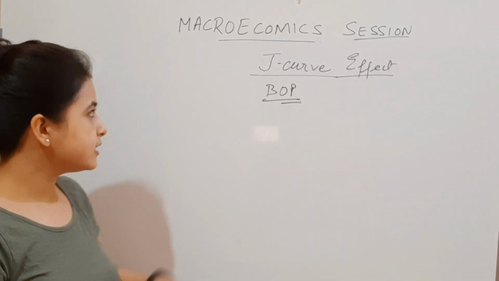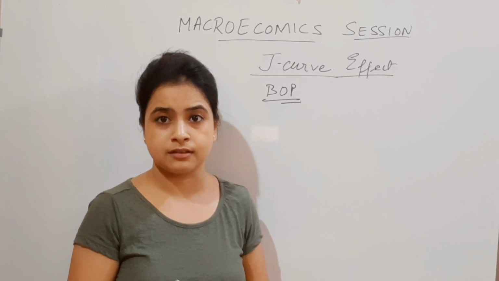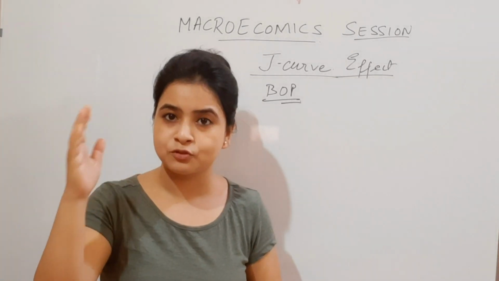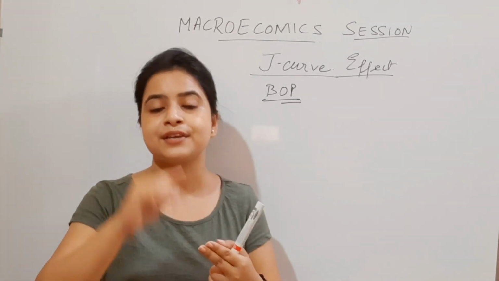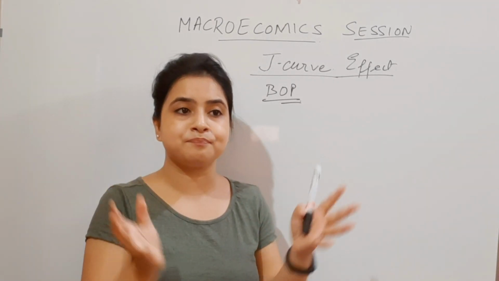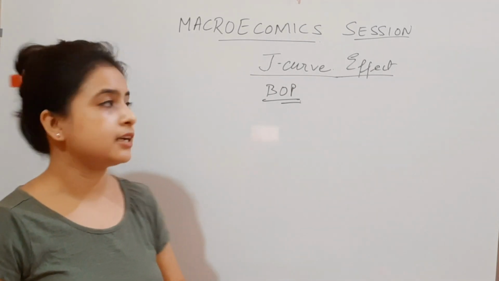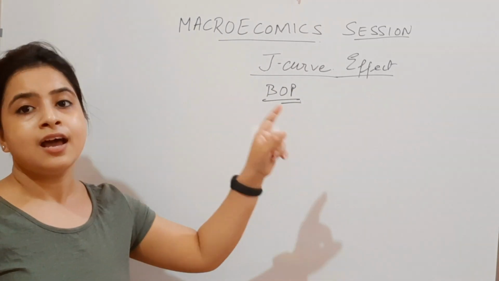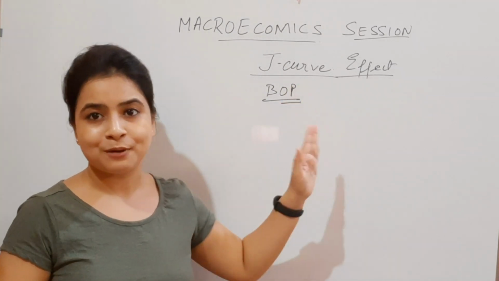In my upcoming sessions, I'm going to take up a few sessions related to the balance of payment, the types of exchange rate, what the exchange rate is, and how the exchange rate is important in determining any economy's structure or growth. All those things will be covered under the BOP sessions that are going to come up. So this is again part of the topic related to BOP.